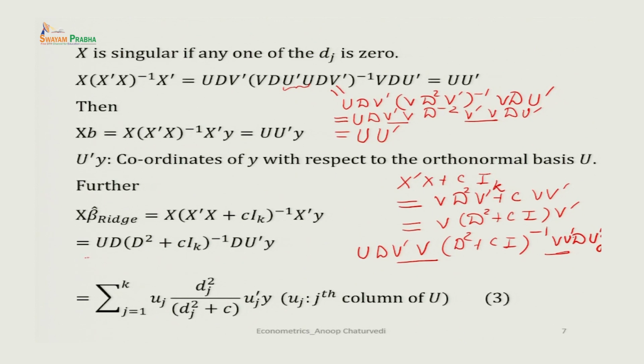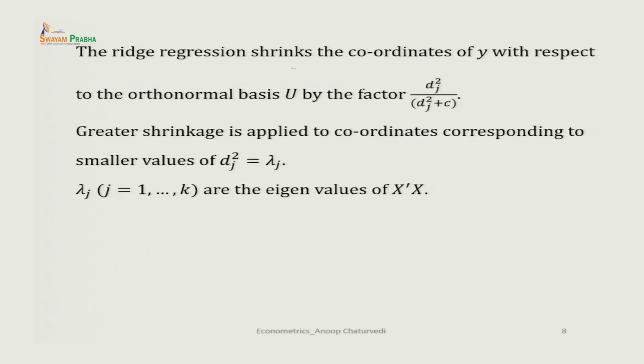So, you get this expression, and then you can write it as summation j equal to 1 to k of u_j d_j square upon (d_j square plus c), then u_j transpose y, where u_j is the jth column of U. So, actually the ridge regression shrinks the coordinates of y with respect to the orthogonal basis U by the factor d_j square upon (d_j square plus c).